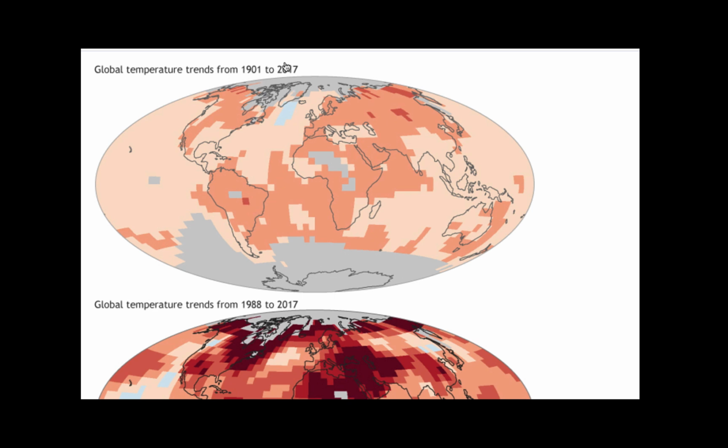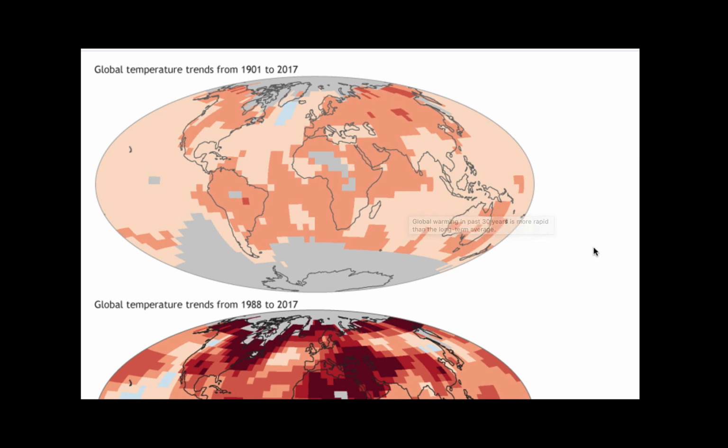So you can see that over this time period of 1901 to 2017, we have modest change. This would indicate that there's a certain amount of fluctuation going on with the few overall increases, and generally more warming than there is cooling.